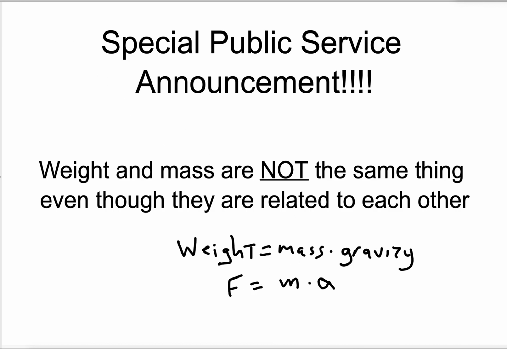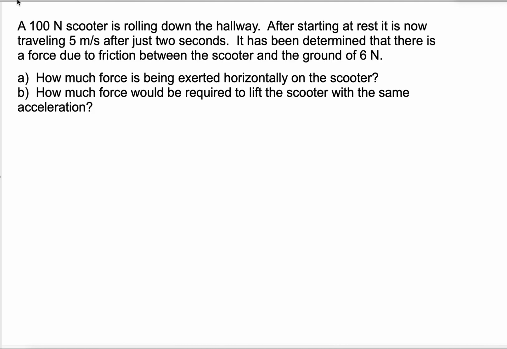Now the reason I'm telling you that is because this problem is going to have weight, okay? For this problem, let's just do part A. We're not going to do part B. If we have time tomorrow, we'll do it. So I have a 100 Newton scooter. That is not the mass of the scooter. That's the weight of the scooter. So the weight of my scooter is 100 newtons.